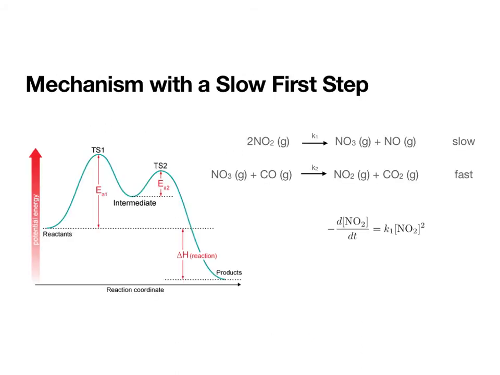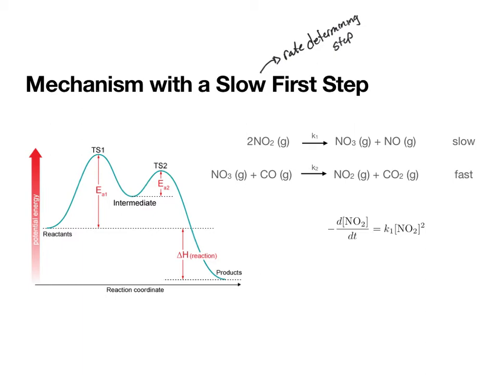Okay, so if a mechanism has a slow first step, the slow step is what in general chemistry we called the rate determining step. An example of this is when we have 2NO2 going to form NO3 plus NO, and that step is slow.